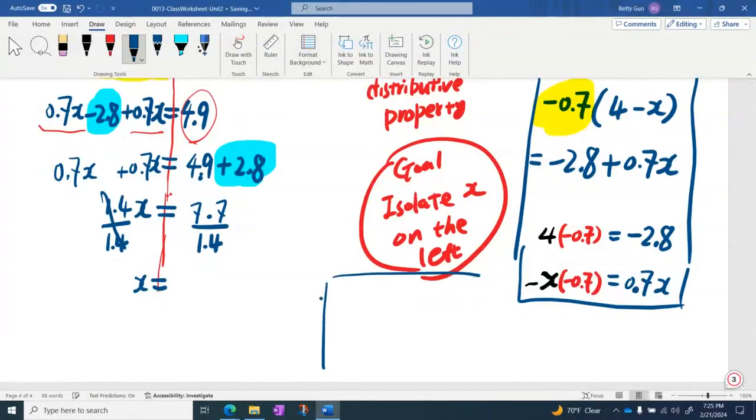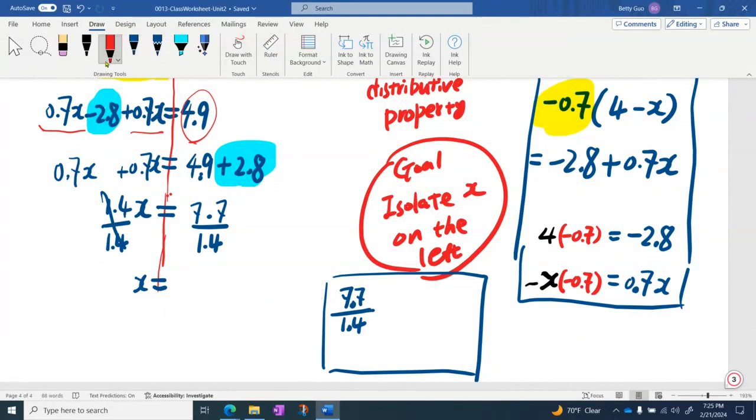You know what? I can draw a box and then process 7.7 over 1.4 in the box. If you have a calculator, of course, you can get an answer very quickly. But suppose you do not have a calculator, what would you do?